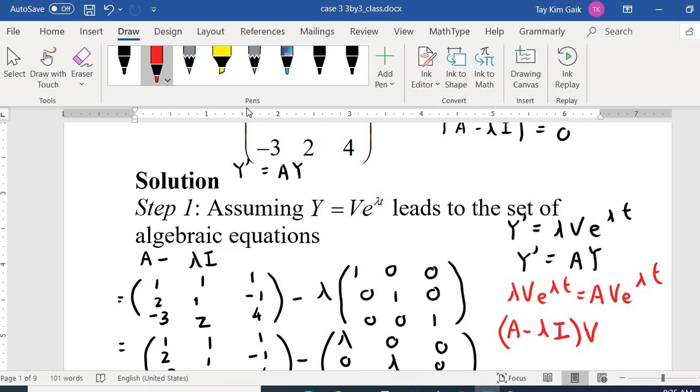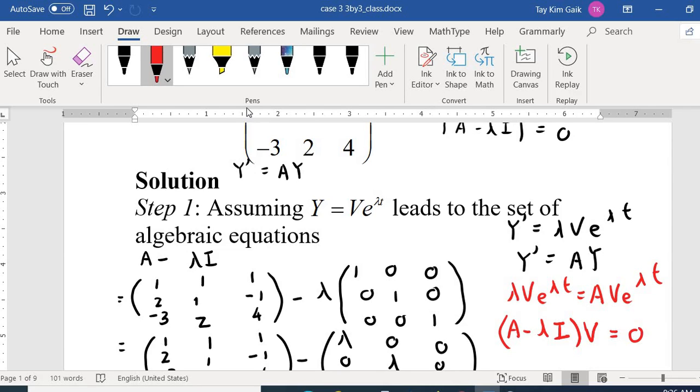We cancel out both exponent lambda t, and this is equal to 0. That's why, if you assume the solution y is v exponent lambda t, we arrive at the homogeneous system A minus lambda I times v equal to 0.